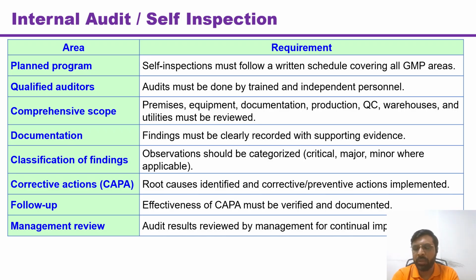After performing the self-inspection, they should report all the observations, and after reporting the observations, they should issue the investigation, and after investigation we should take appropriate CAPA, and on that CAPA we should take a follow-up, and we should also present those CAPA in the management review meeting. Basically, self-inspection should be performed twice in a year so that we can maintain the GMP culture in the organization.